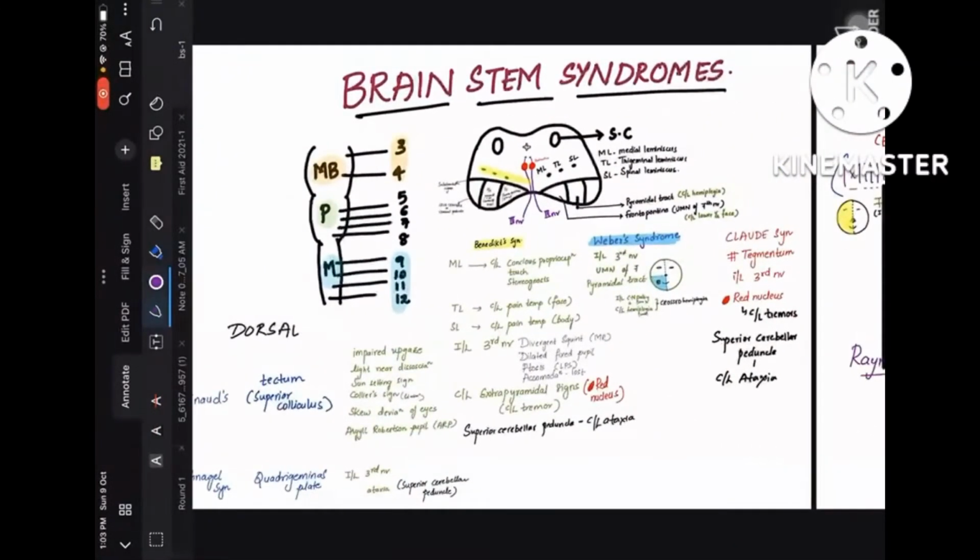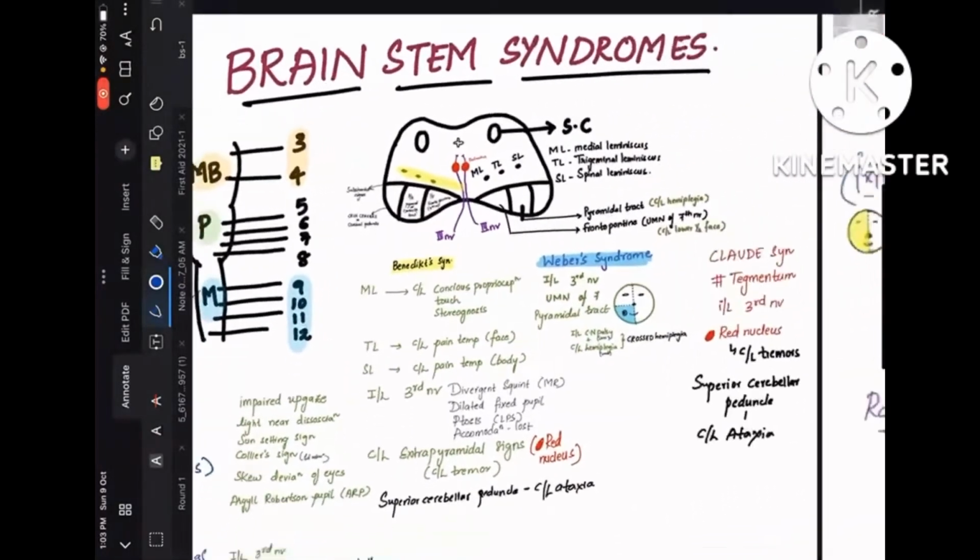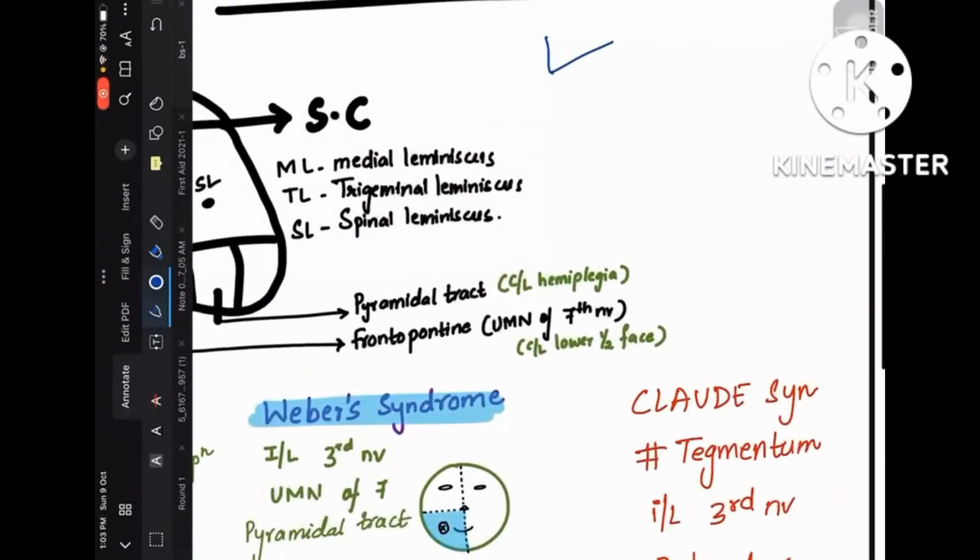Firstly, the midbrain syndromes. Let me change the color. So this is the beautiful diagram I've got for you with the same thing, 3, 4, 5, 6, 7, 8 in the middle and 9, 10, 11, 12 in the medulla. Midbrain syndromes have two types, that is ventral midbrain syndromes and dorsal midbrain syndromes.